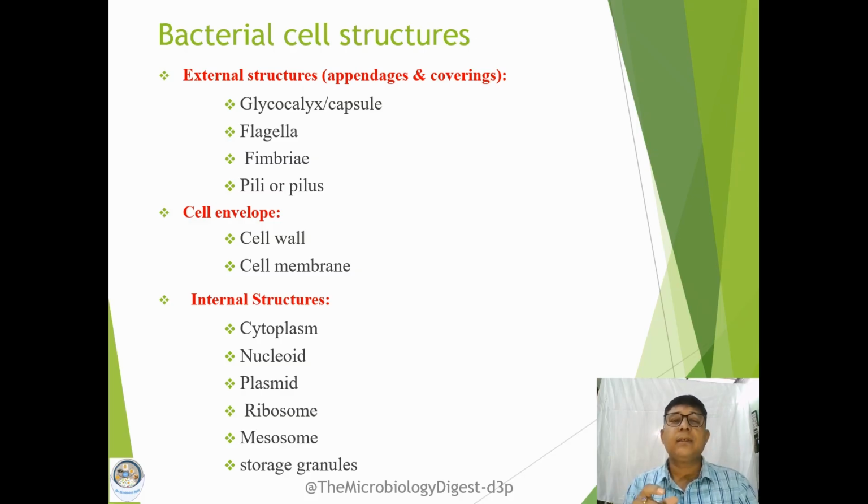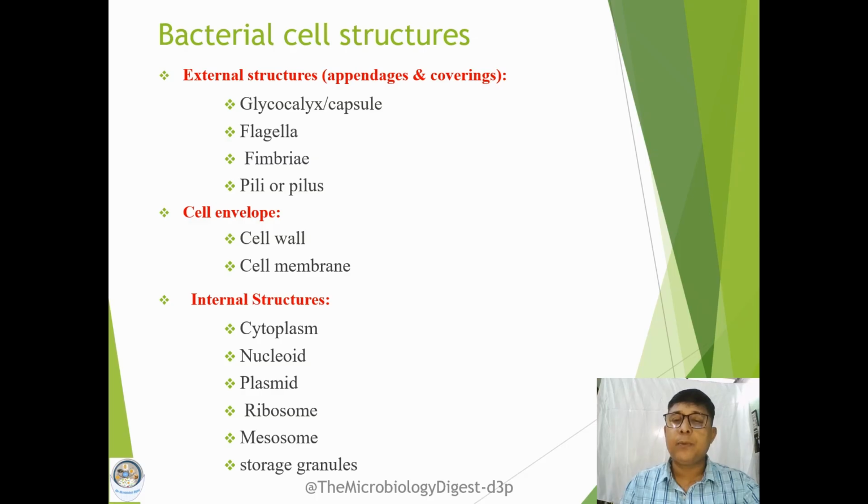Under this, we have the glycocalyx, which is sometimes also called the capsule. We have the flagella, we have the fimbriae, then the pili, or if it is single, we can say pilus.